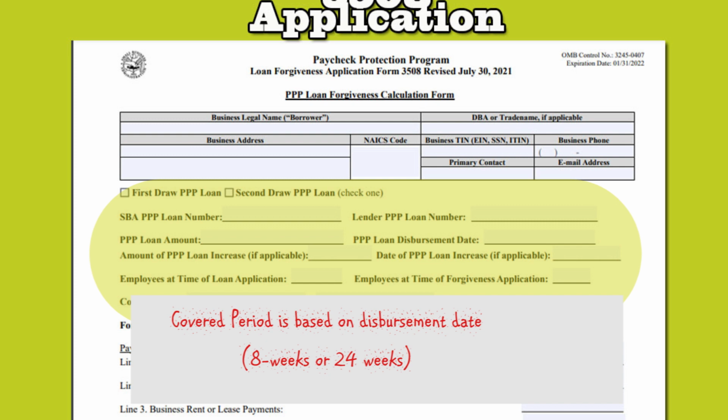If your funds were dispersed April 20th, you picked a 24-week loan period. Your covered period will be April 20th to September 28th, okay? So that will be the 24-week loan period for that.